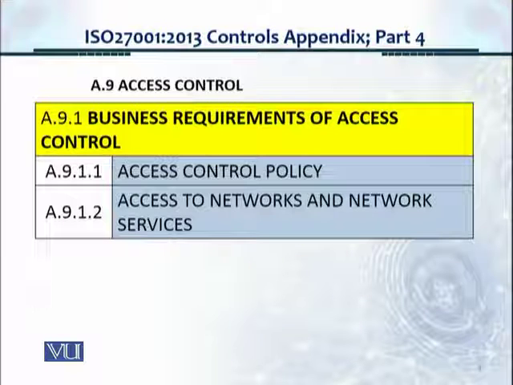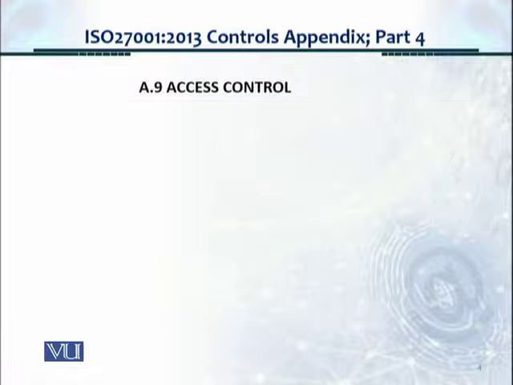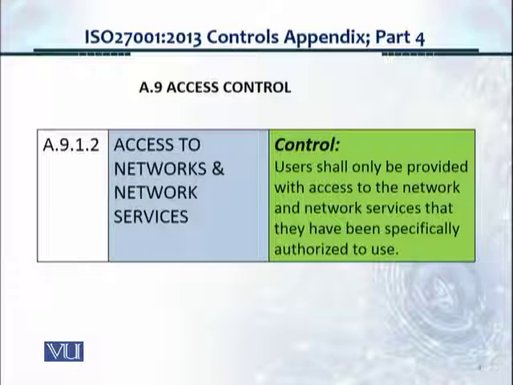Now in access control, the first control objective is business requirements of access control. So we need to have an access control policy and we need to control access to networks and network services. So access to networks and network services, control 9.1.2. In the green section, it says users should only be provided with access to the network and network services that they have been specifically authorized to use.